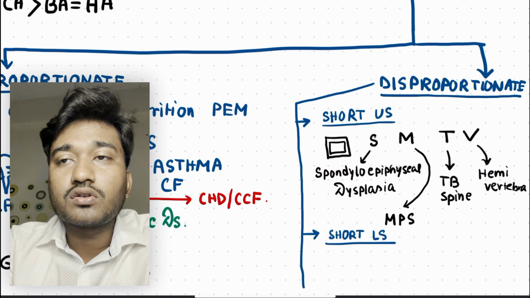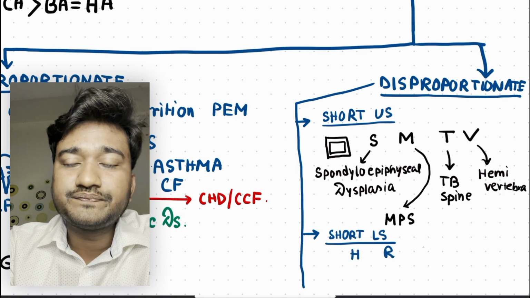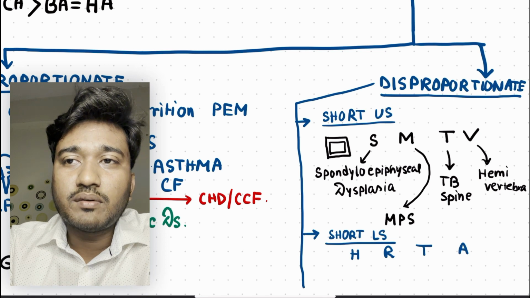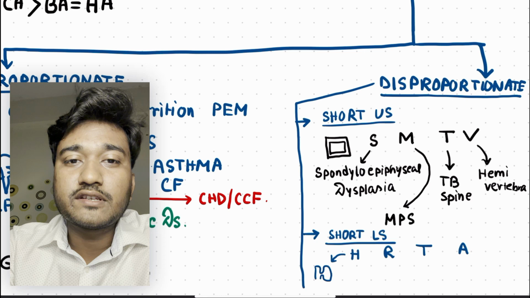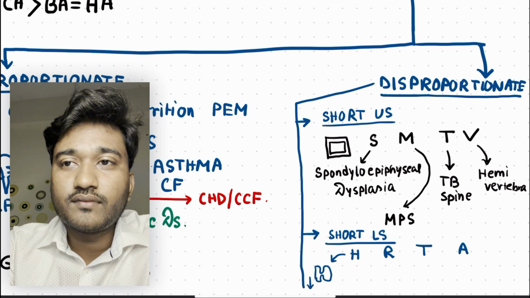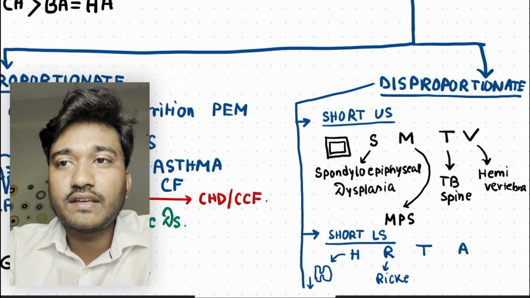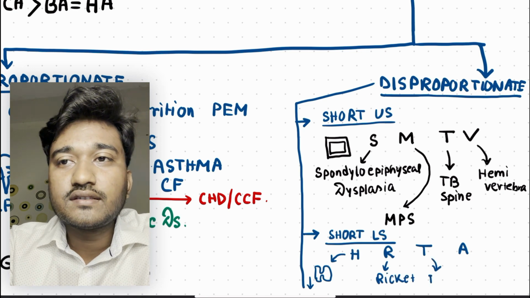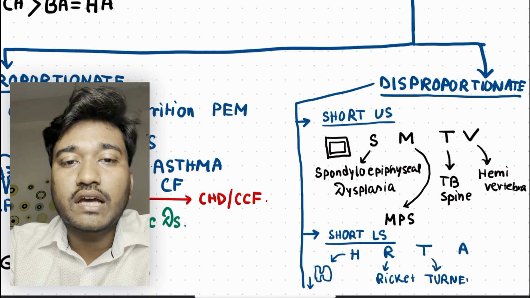So in case of short lower segment short stature, we have a mnemonic to remember this. It's like hormone replacement therapy, HRTA, that is hormone replacement therapy A. Okay, H means here hypothyroidism.